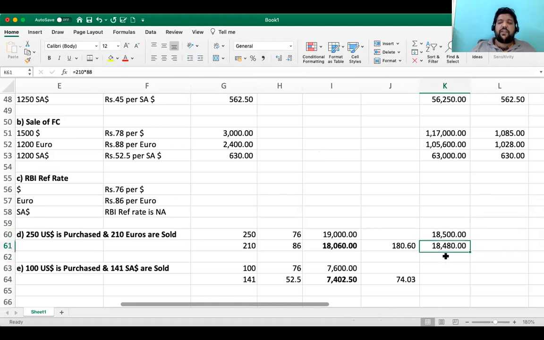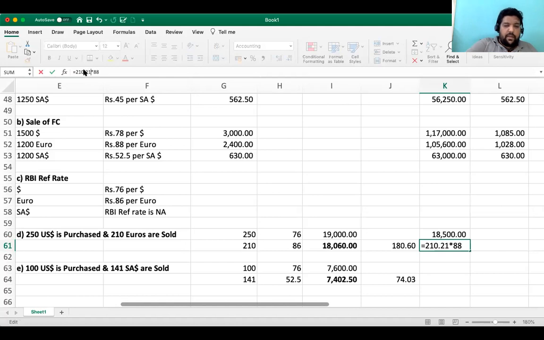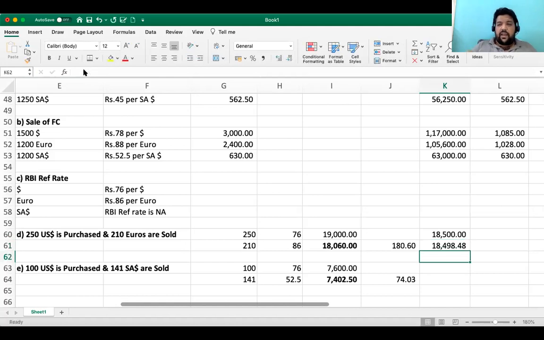There is a 20 rupees difference here. 210.22 came, and if we do it correctly, 210.21 came. See how sharp it is. Can you understand this is one transaction? You will say it is 18,500.